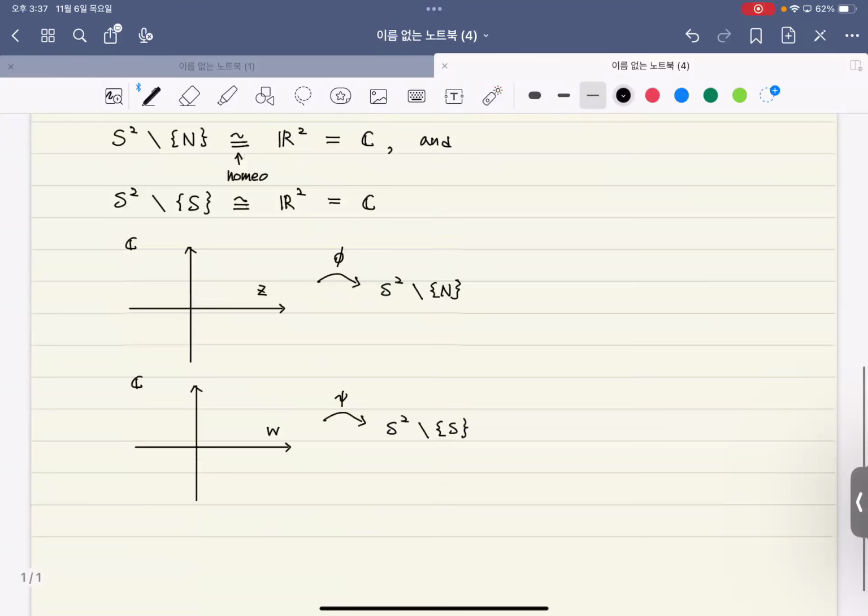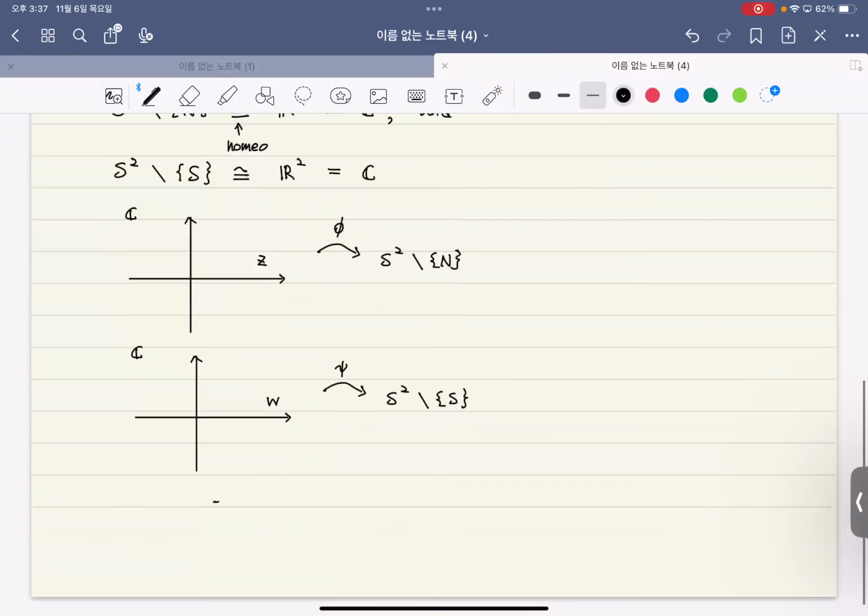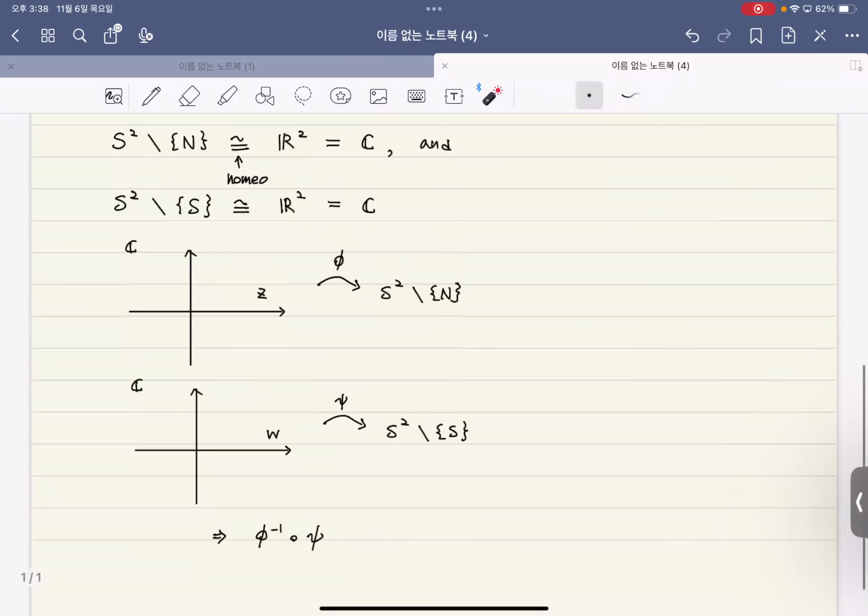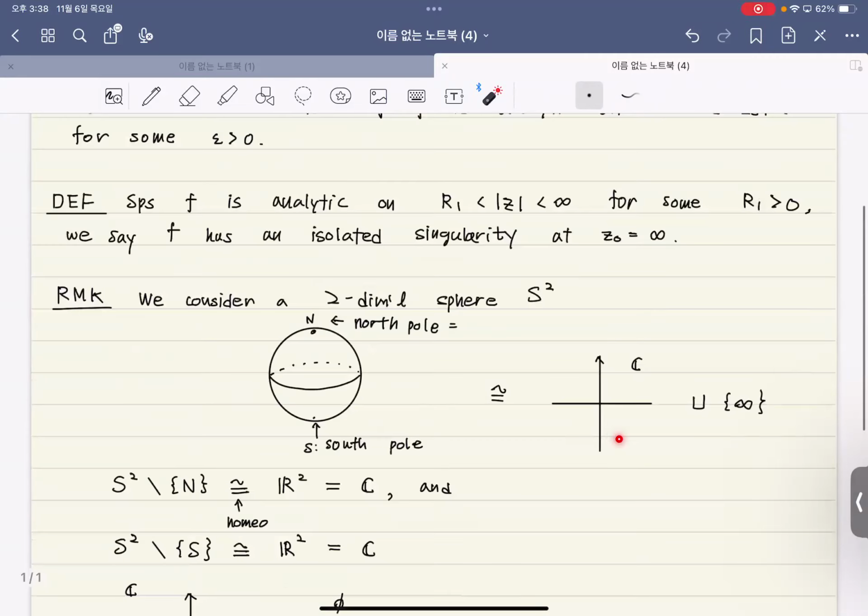And the interesting thing is, our convention is that I want to consider the composition of these two functions. So first I follow this function psi here. Then this entire thing is mapped to the whole two-dimensional sphere minus the South Pole.